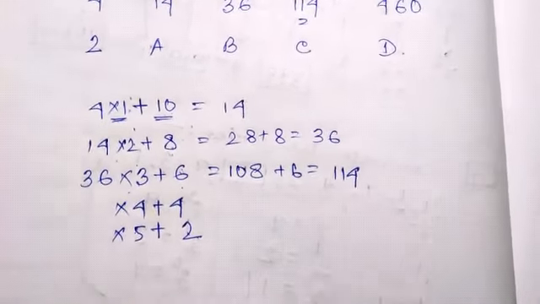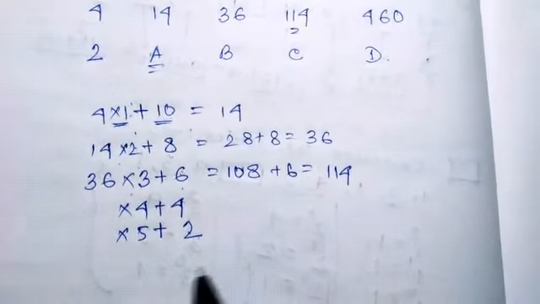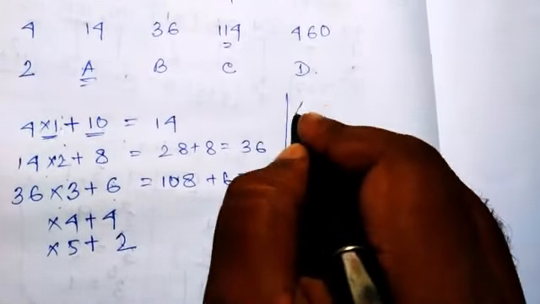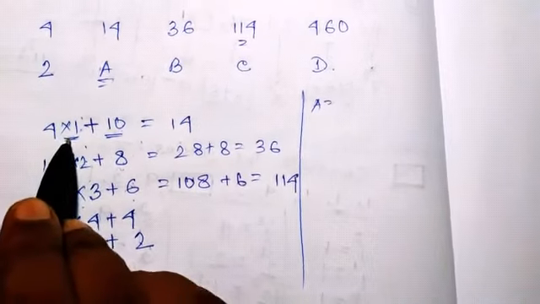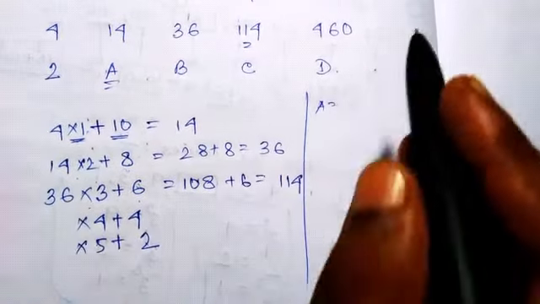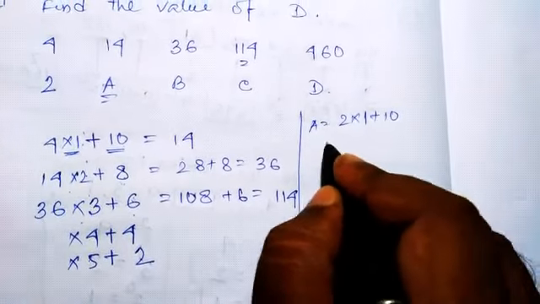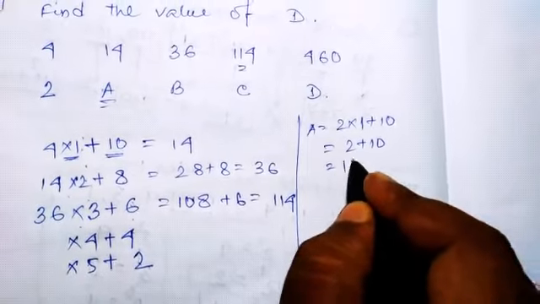So if you get the A, then A should be 2 into 1 plus 10. A should be 2 plus 10, that will be 12.